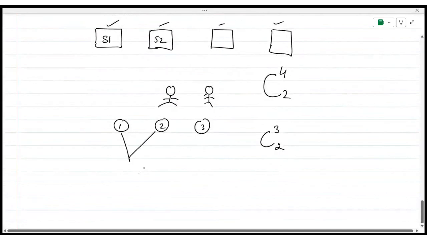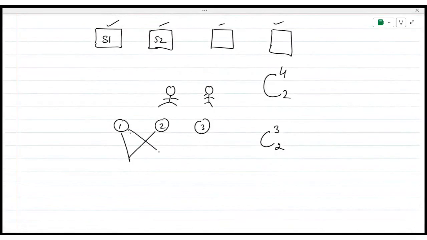The second option is first and third. The third option is second and third. So there are only these three options, or you can say these three combinations. If we want to find this number, we can find it using 3C2.